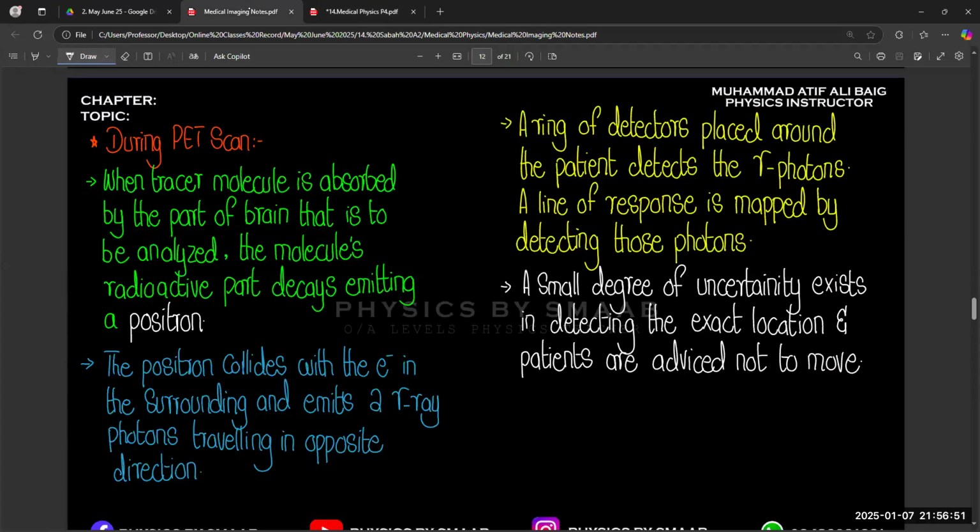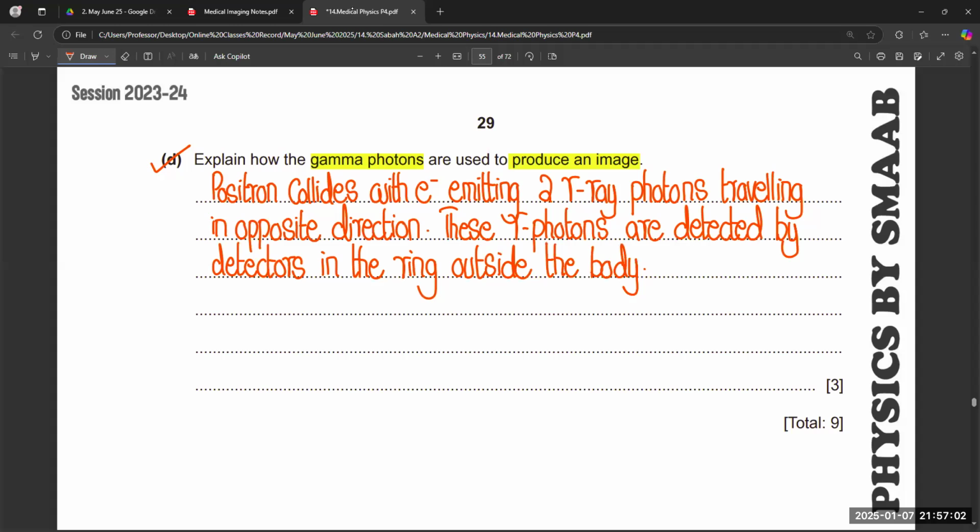And then the last point, a line of response is mapped by detecting those photons and that will give you the exact image of that specific part.